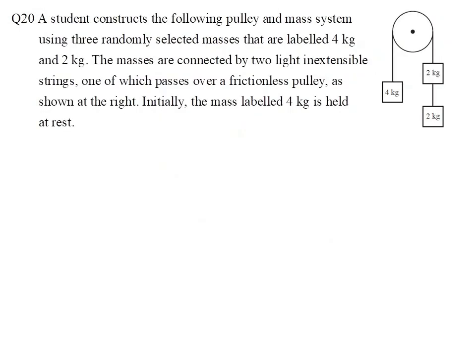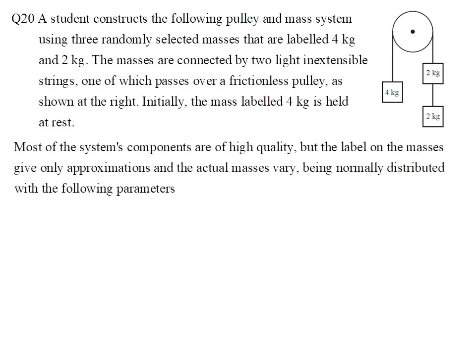In question 20, a student constructs a pulley and mass system using randomly selected masses that are labeled 4 kg and 2 kg. The masses are connected by 2 light inextensible strings, one of which passes over a frictionless pulley, as shown in the diagram. Initially, the mass labeled 4 kg is held at rest.